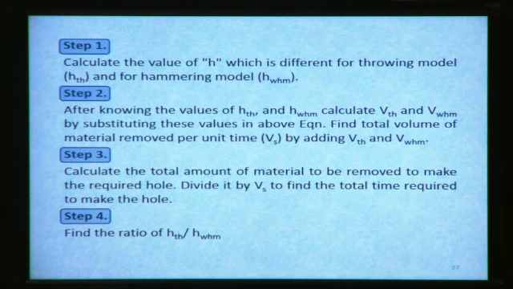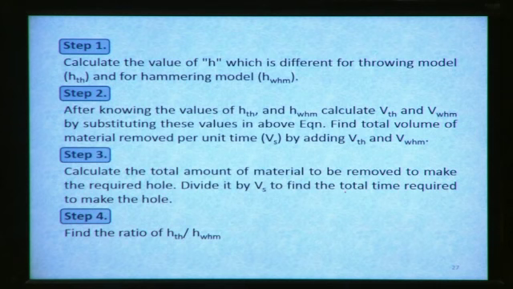Okay. So now we can find out the total volume. So the total volume is VTH, the volume of metal removed by the throwing model, plus the volume of metal removed by the hammering model. So this total volume per unit time is Vs equal to VTH plus VWH. Now calculate the total amount of material to be removed to make the required hole. Okay.